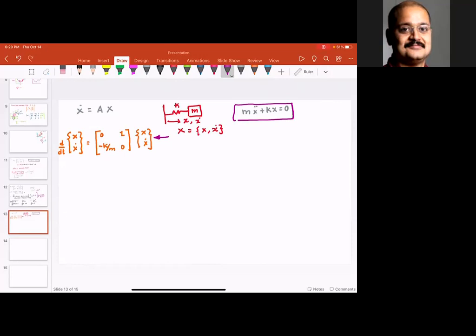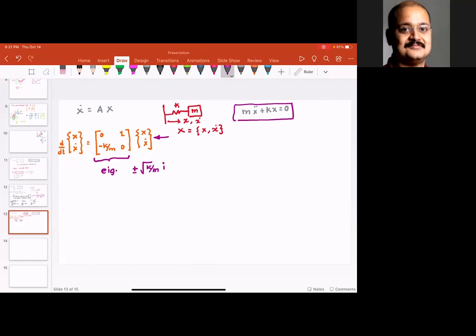But the point that I'm trying to make here is, if you find the eigenvalues of this matrix, these are purely imaginary.